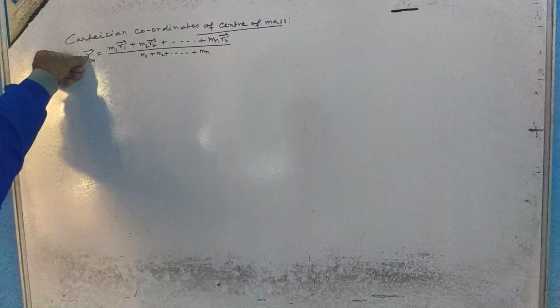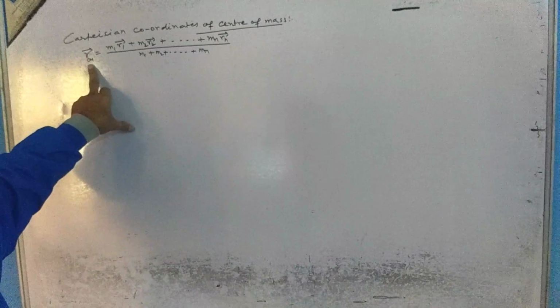So I have extended to n number of particles, and that expression will be, I have written it like this: r vector cm, the position vector for the center of mass of the system, is equal to m1 r1 vector plus m2 r2 vector and so on.